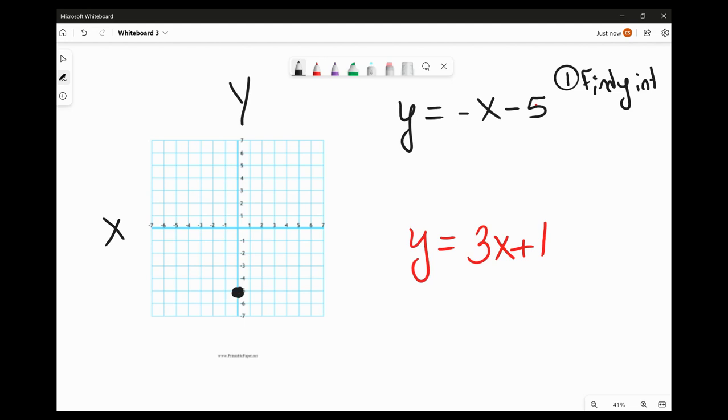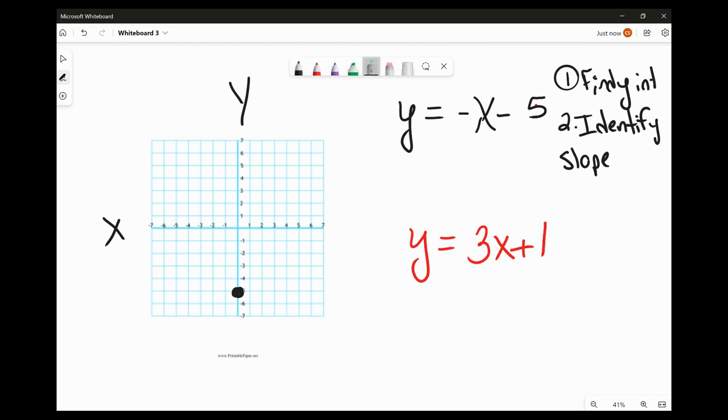My second step is to identify the slope. That's always the number that's with the x when y is by itself, when it's in slope-intercept form, which means the y has to be by itself. You'll notice on both of these, the y is by itself, so we can easily identify the y-intercept.